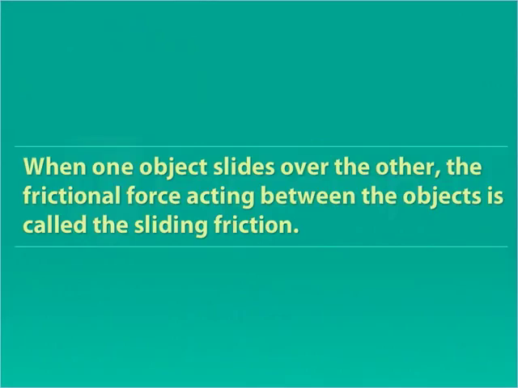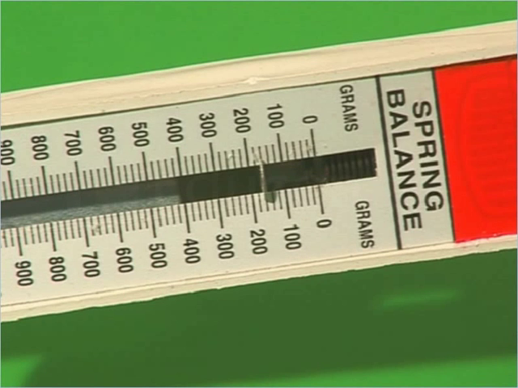When one object slides over the other, the frictional force acting between the objects is called sliding friction. In order to maintain the motion at a steady speed, we have to overcome the sliding friction. Here, after the box began the motion, the spring balance showed less force.